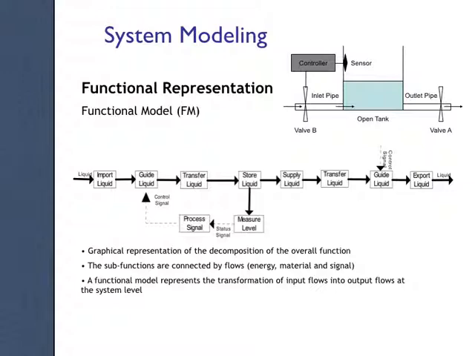So again, the functional representation is going to tell you what the system is intended to do. It doesn't tell you how it does it, but it tells you what it's intended to do. And in this case, in terms of the flows in the system, we have liquid, which is a type of material, and then we have the control and status, which is a type of signal.